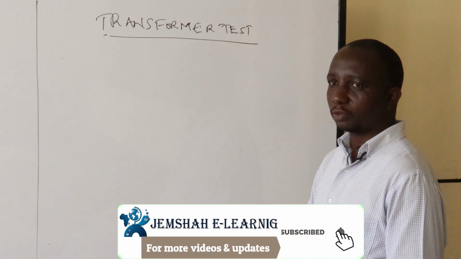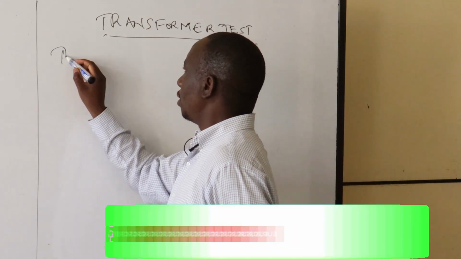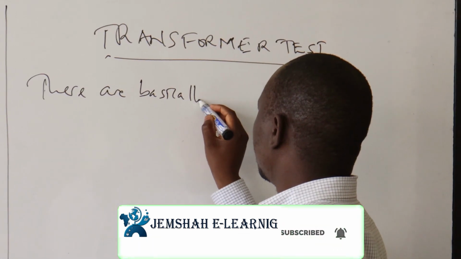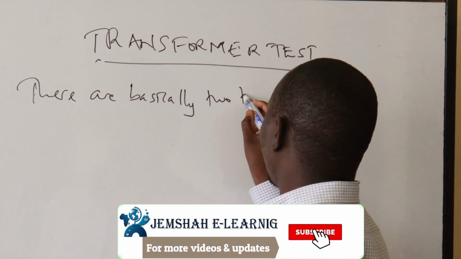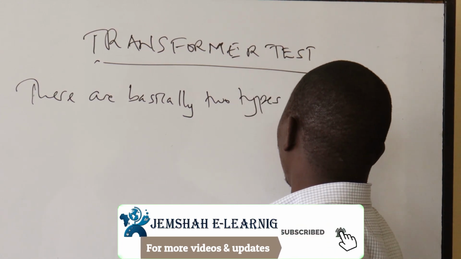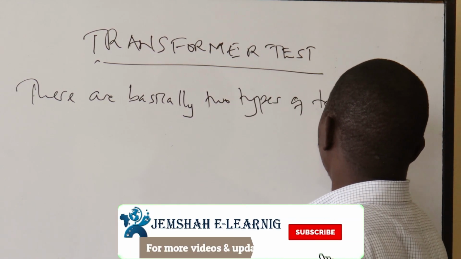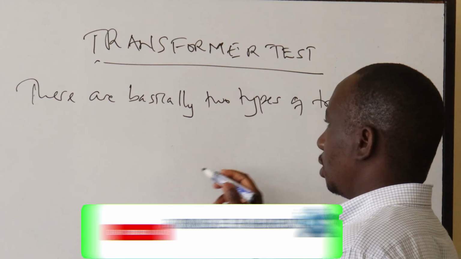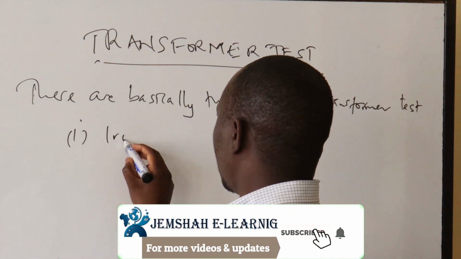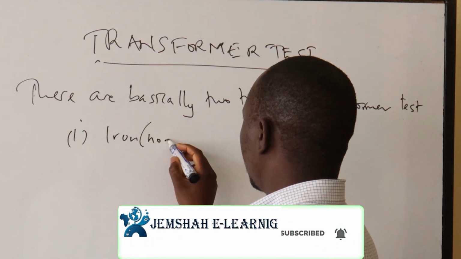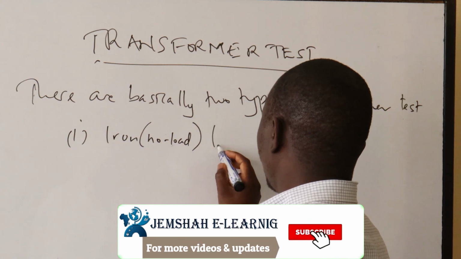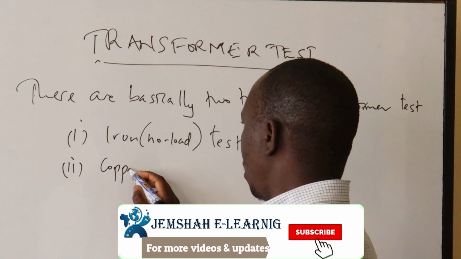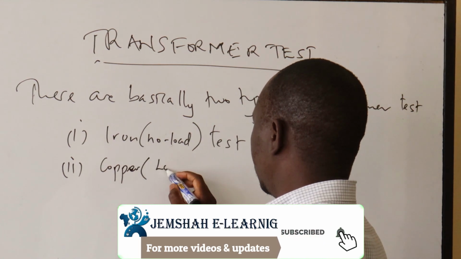So there are two basic types of transformer test. The first one is the iron, or no-load test, and the second one is the copper or load test.